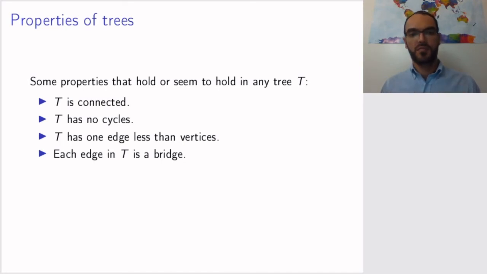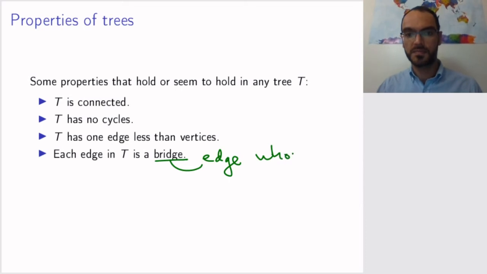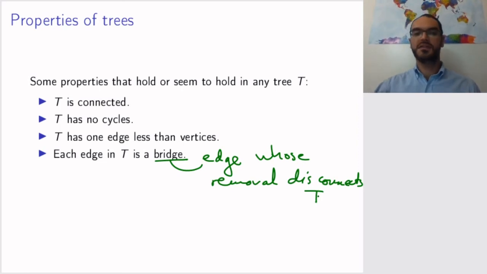In the proof of the theorem, we saw that removing any edge disconnects the tree. So this means that any edge is a bridge. Remember, a bridge is an edge whose removal disconnects the graph in question. In other words, it's a cut set of size 1.